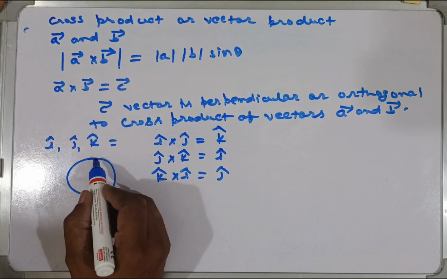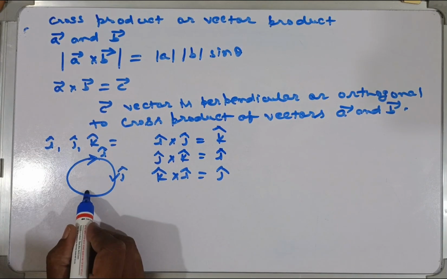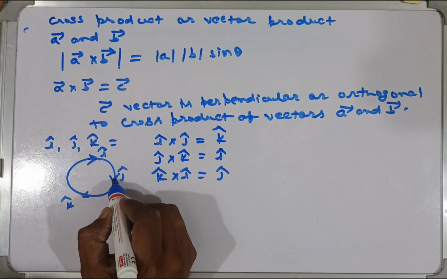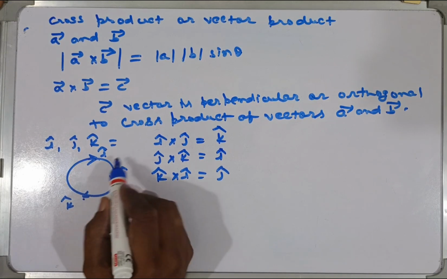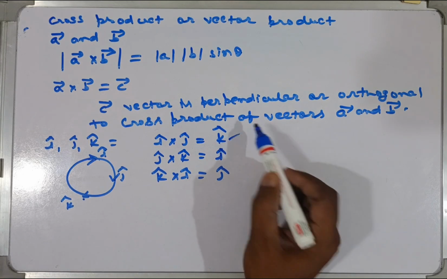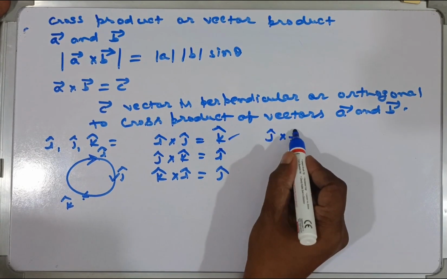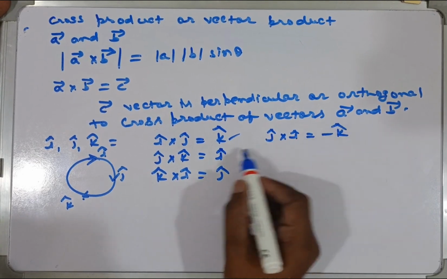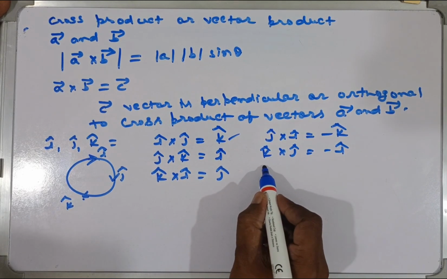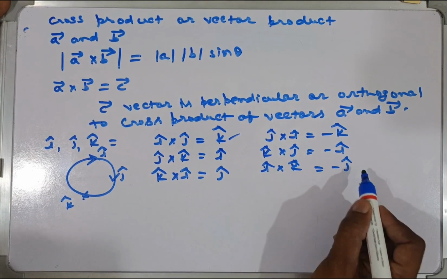See this one, if this is in the order i, j, k, then i into j, then j into k, and the resultant will be the perpendicular one. But if we reverse this, j into i becomes minus k, k into j becomes minus i, and if we write i into k, this is minus j.